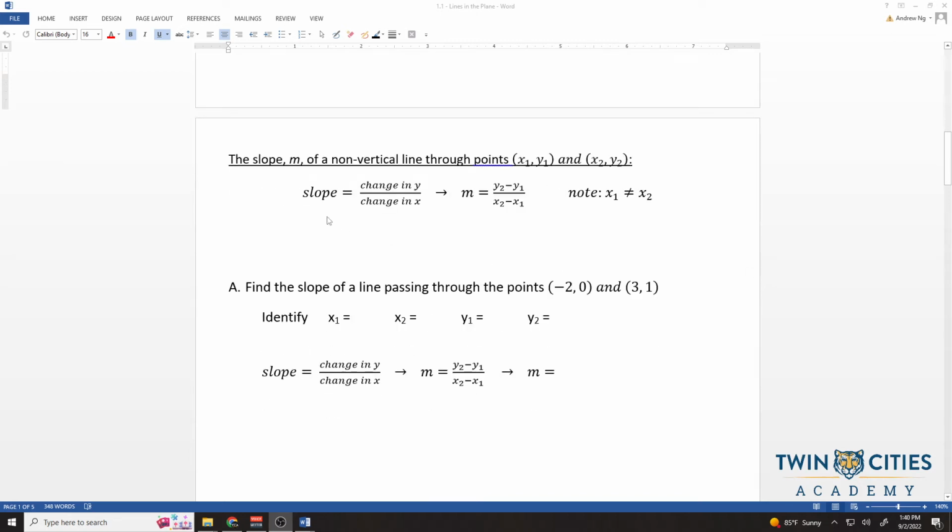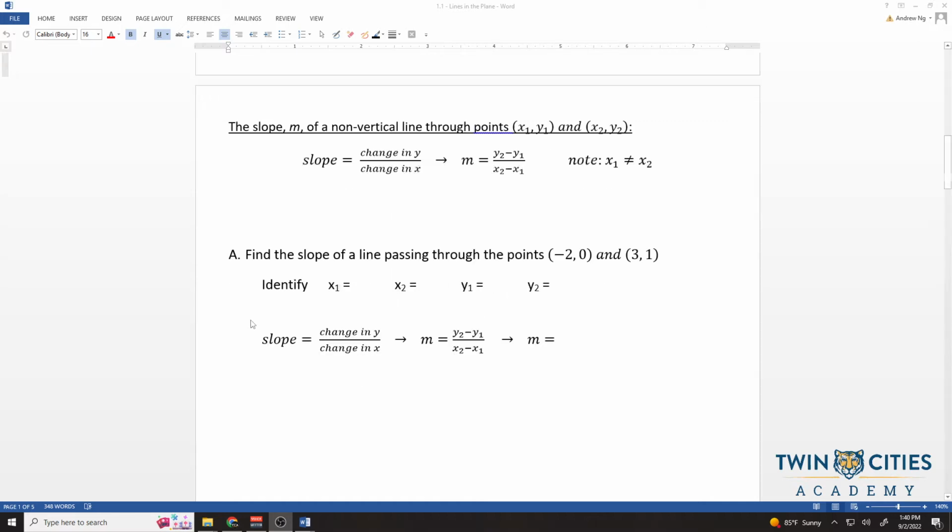Well, if I know the slope is my change in vertical, or y, over the change in my horizontal, which is x, then I could say m equals y2 minus y1 over x2 minus x1. Note here that these do have to be separate points, so x1 and x2 cannot be the same, otherwise we would end up subtracting them and getting 0 in our denominator, which we want to avoid.